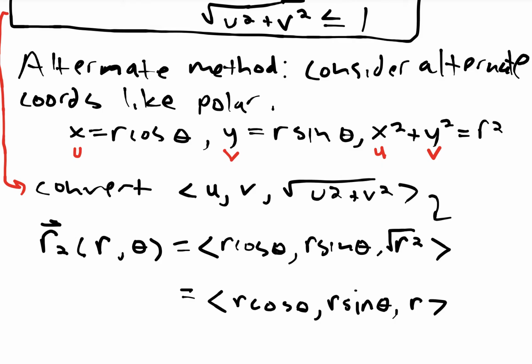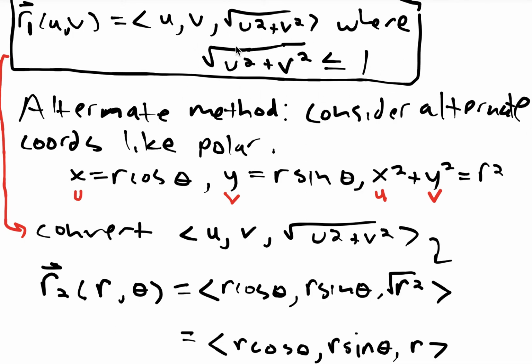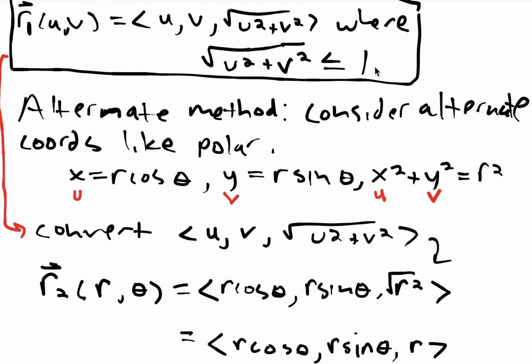Now notice I got a different function here to describe what's going on with my r's and thetas. That different function is going to call for a different restriction on your region D. This restriction is me specifying what my potential input values are.